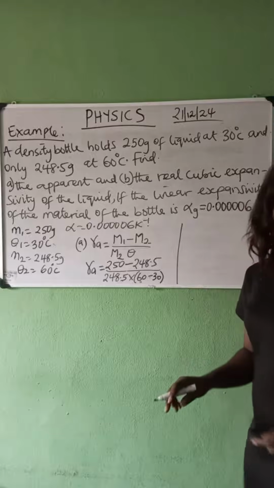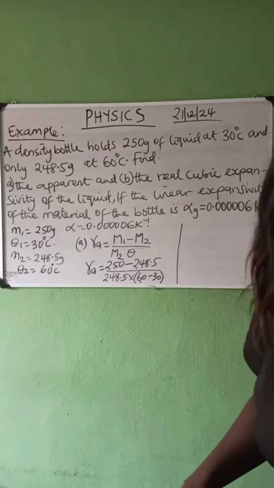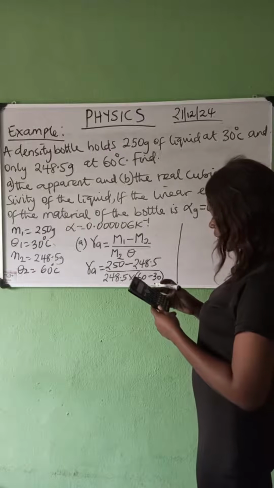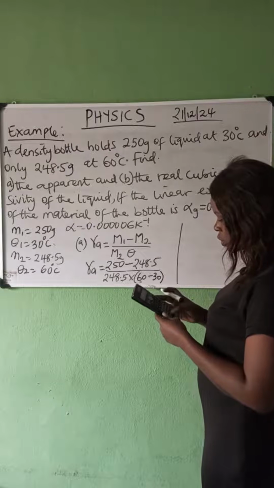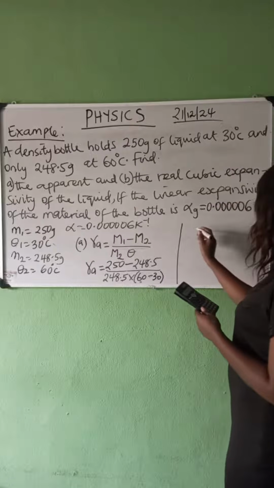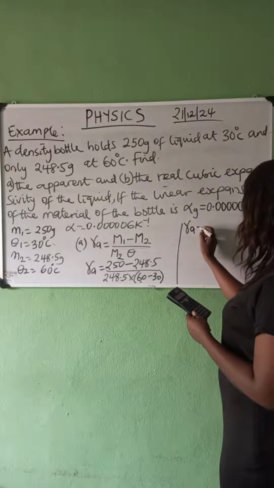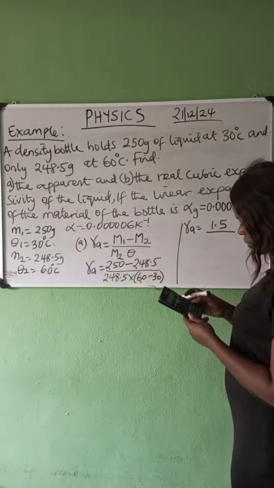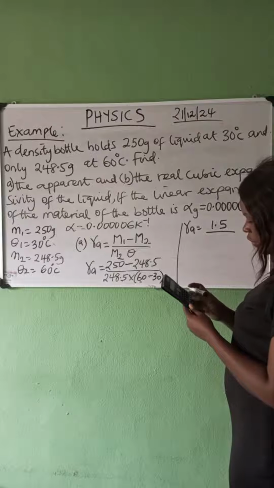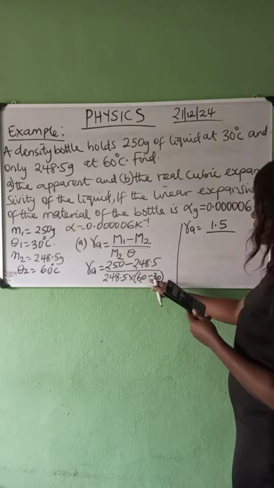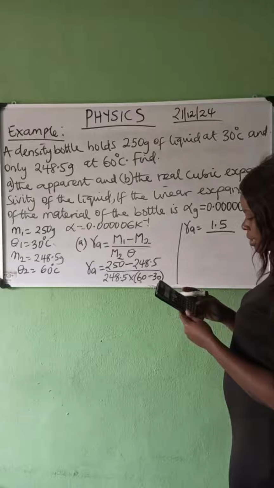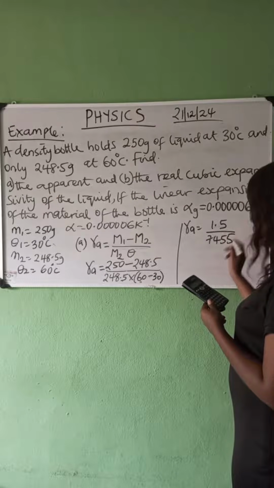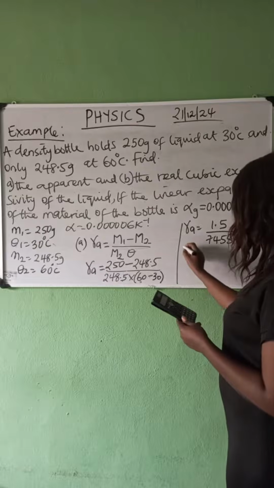So let us subtract and see what we have. 250 minus 248.5, I will have gamma A to be 1.5 all over 248.5 multiplied by 60 minus 30, which is 30. I'm going to have 7455, right?